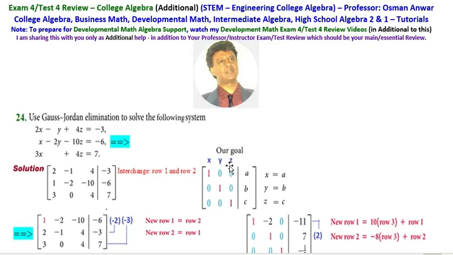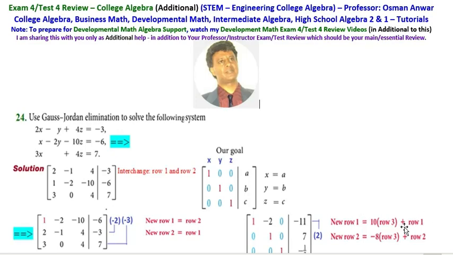And our goal is to do Gauss-Jordan elimination and convert this to reduced echelon form, which is 1s in the diagonal, 0 above the diagonal and 0 below the diagonal, and the result is A, B, C, which is x equals A, y equals B, z equals C.